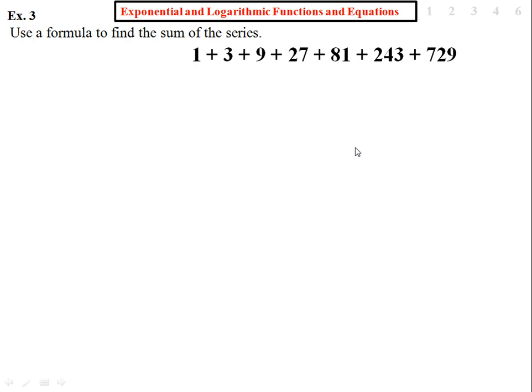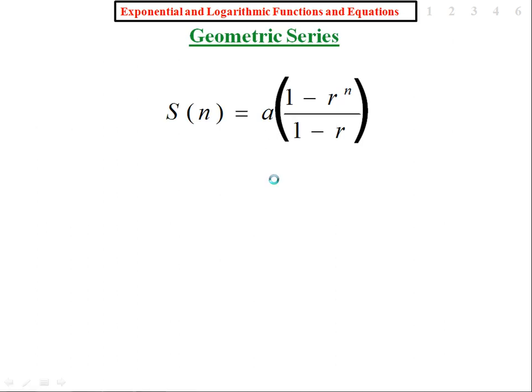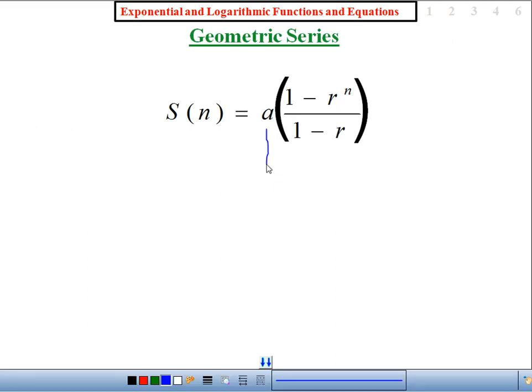All right, so what is it that we need from our formula? Let's find out again. What did we say A was? That is correct. This is our first term of a series. All right, what else do we need? We need our what? Very good. Our ratio, or our common ratio, which is the pattern that we always find. Is that correct? Yes, but this one has now something a little bit different, which is this n and this n.